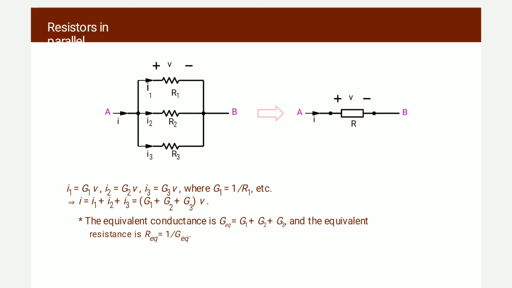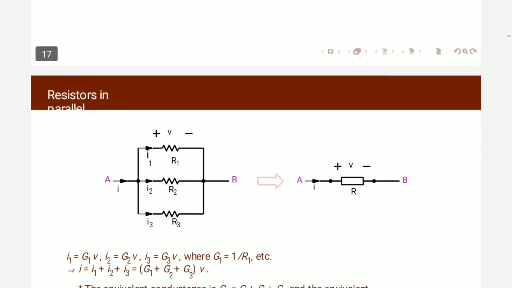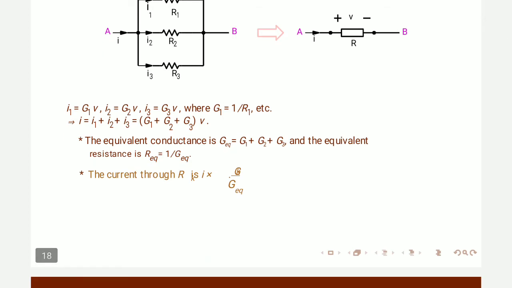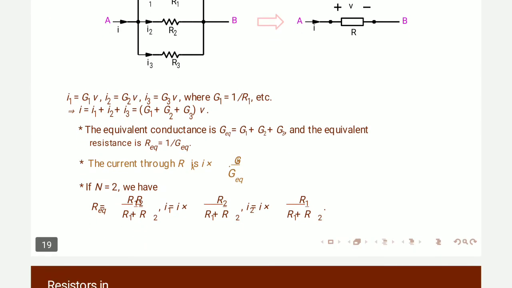So G equivalent is equal to G1 plus G2 plus G3, and R equivalent is equal to 1 by G equivalent. For two resistors, R equivalent is R1 into R2 by R1 plus R2.